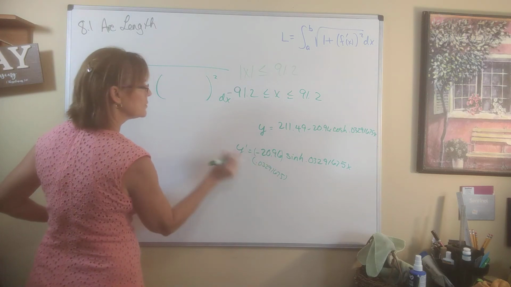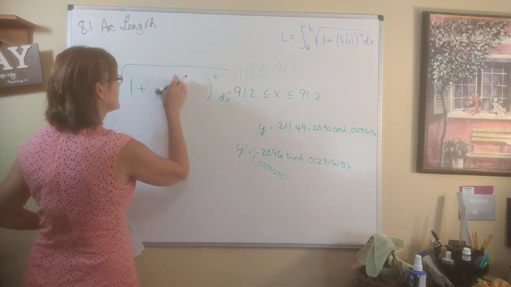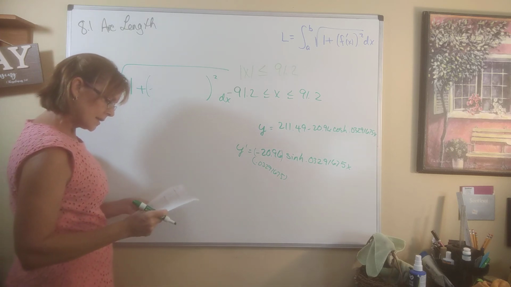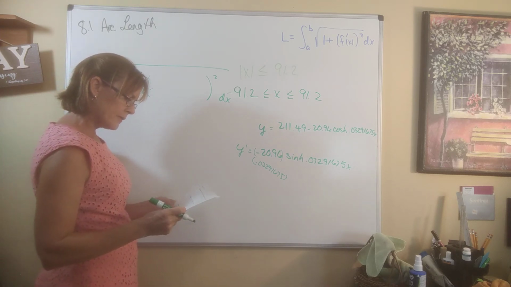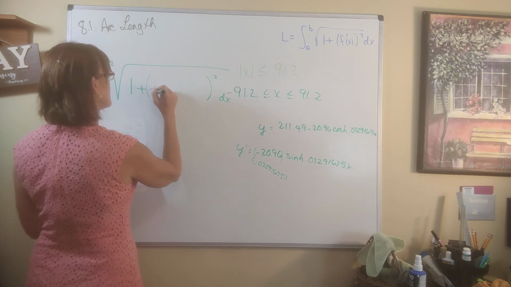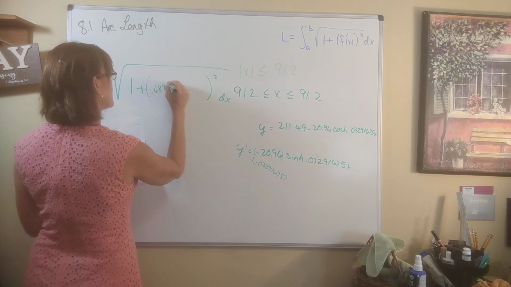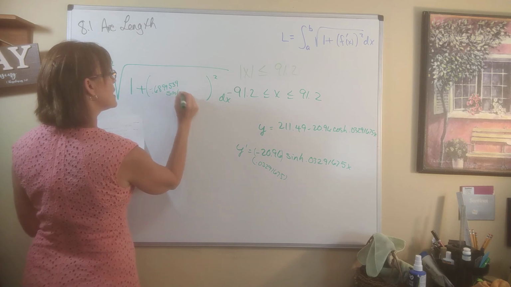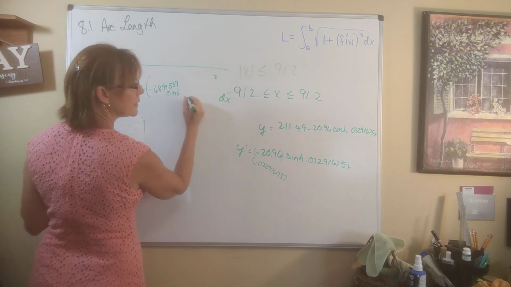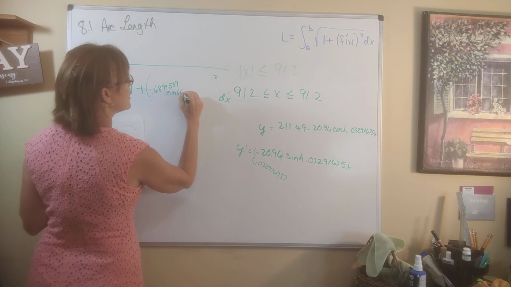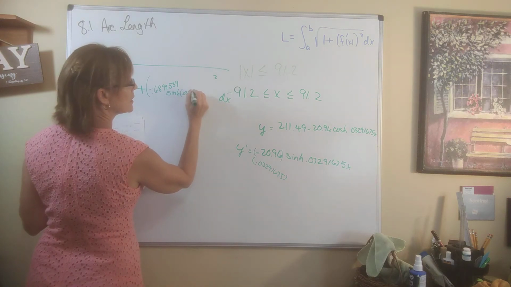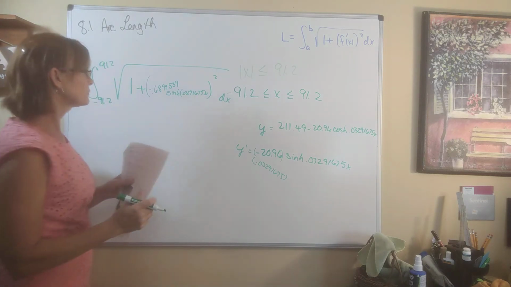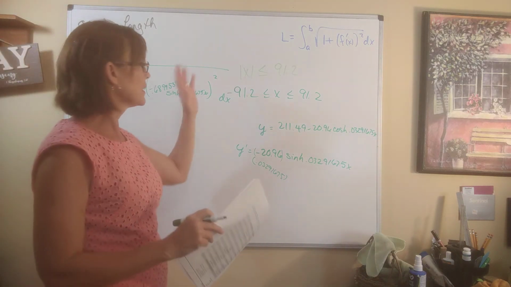If I multiply those two numbers together, I get negative 0.6899539, and this is times the hyperbolic sine of 0.03291675x. Now, with our calculators, we're going to calculate this.